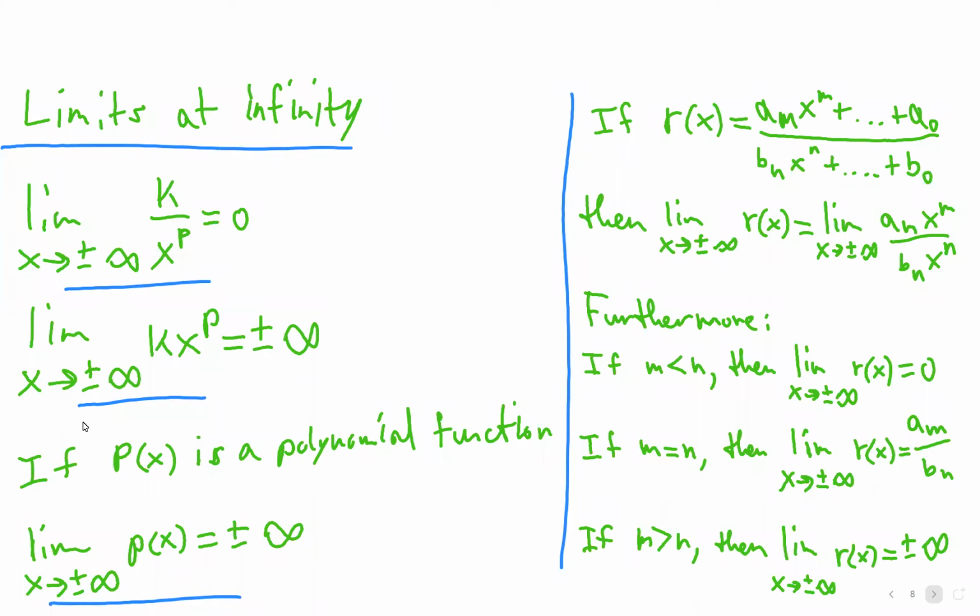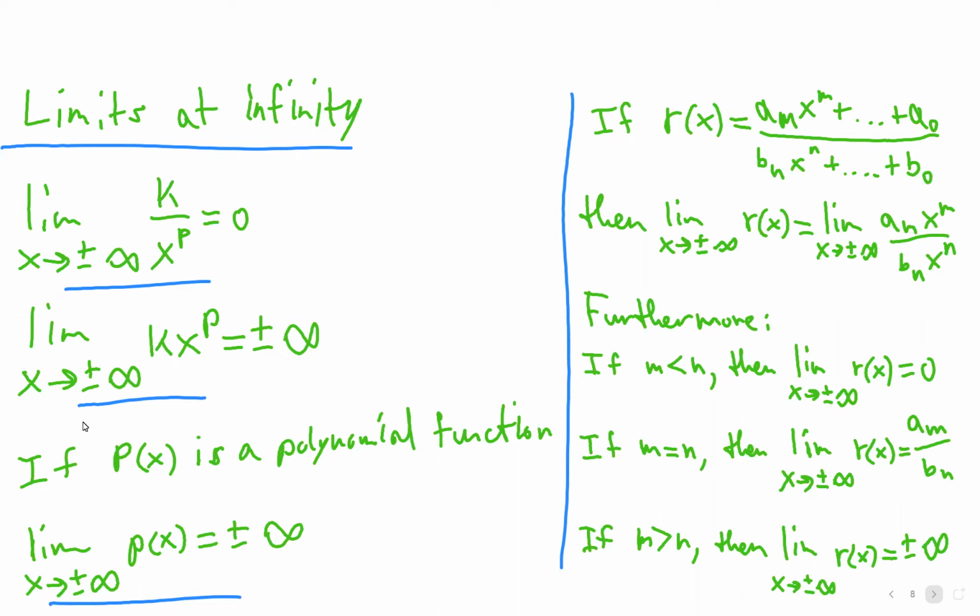All right, with this particular reduction, we have a couple of different situations that we can run into. If m is less than n, then the limit as x approaches positive or negative infinity of the rational function equals 0. If m is equal to n, then we can say that the limit as x goes to positive or negative infinity of r of x equals a sub m over b sub n.